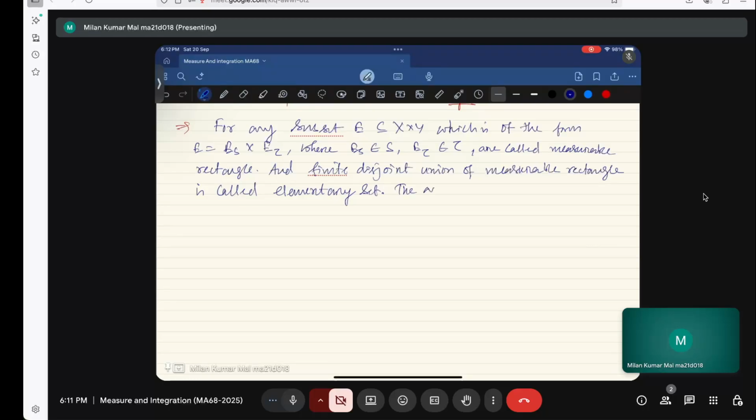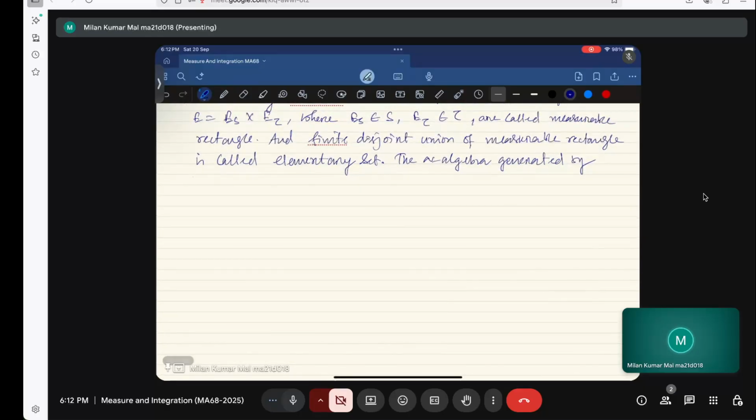And the sigma algebra generated by all elementary sets of X cross Y is called the product sigma algebra of S and tau, and is denoted by S times tau.